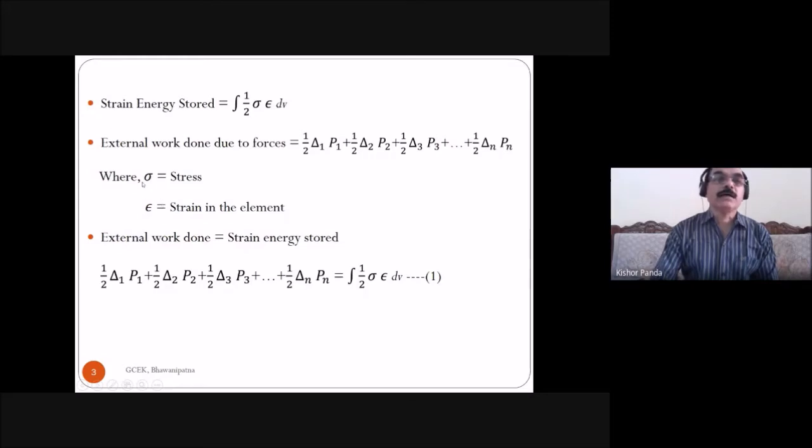Here sigma is the stress in the element and epsilon is the strain in the element. The external work done is equal to the strain energy stored, which is the internal work done. So half delta 1 P1 plus half delta 2 P2 plus half delta 3 P3 plus half delta n Pn is equal to the integration of half sigma epsilon dV. This is equation 1.